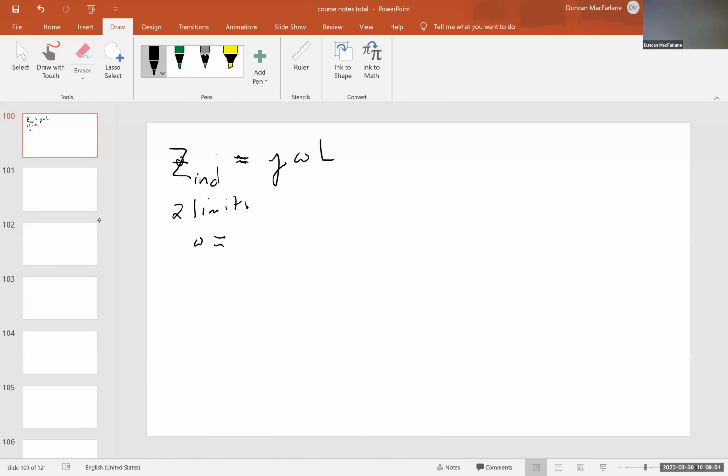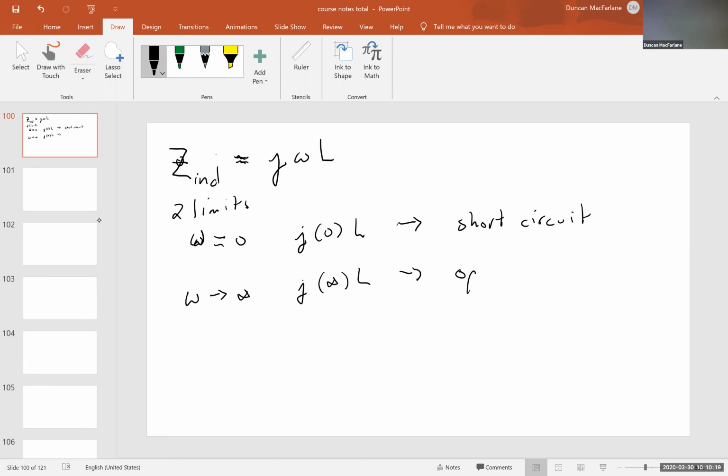At omega equals 0, I have j times 0 times L, and this is a short circuit. At omega going to infinity, I have j times infinity times L, and this is an open circuit.